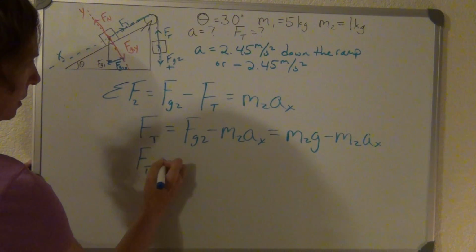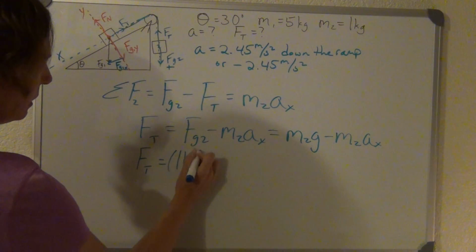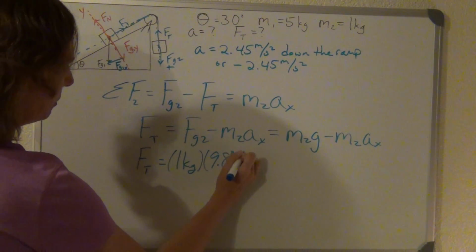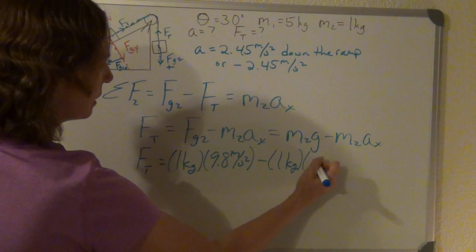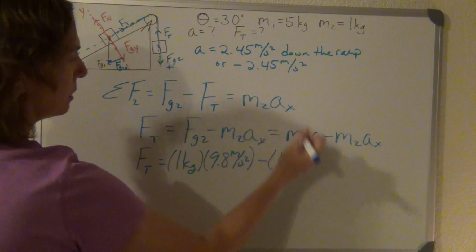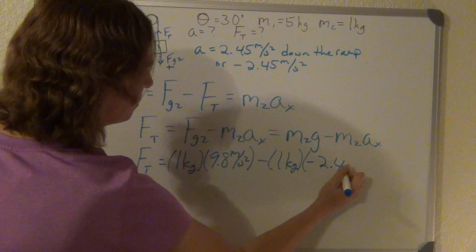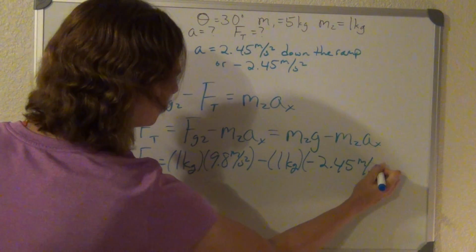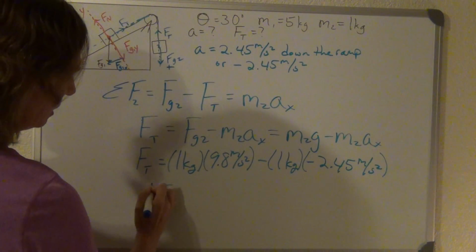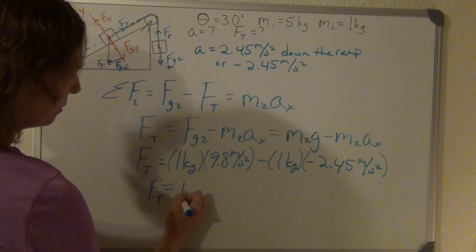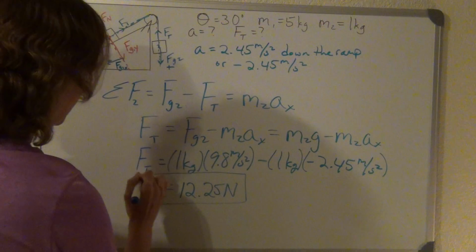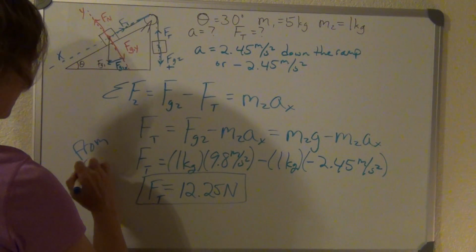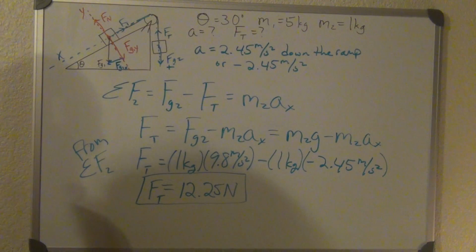So force of tension equals 1 kilogram times our 9.8 meters per second squared minus the 1 kilogram times, don't forget the signage, negative 2.45 meters per second squared. Okay, and then our force of tension should still work out to be 12.25 newtons. Okay, and that is from summing forces on mass 2.